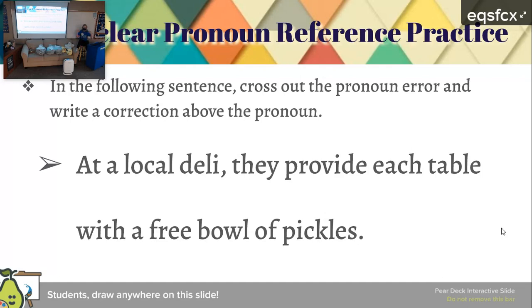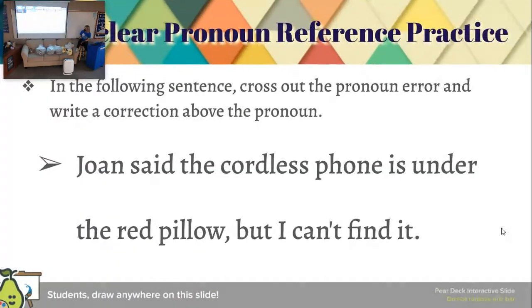The deli is not a human. The deli can't hand you a bowl of pickles. Auburn, what do you think? Yes, maybe the workers, the servers, maybe the owners, right? So that's all you have to do, you just replace that they with whomever you think is giving out those free pickles, okay? All right, let's try another one.